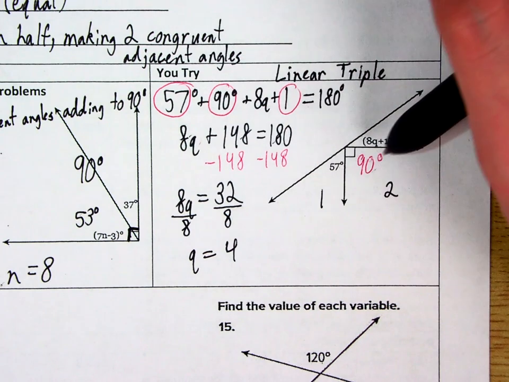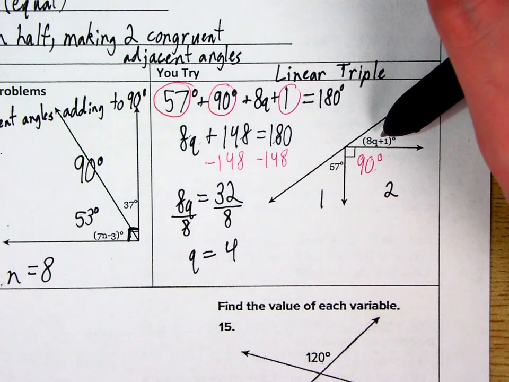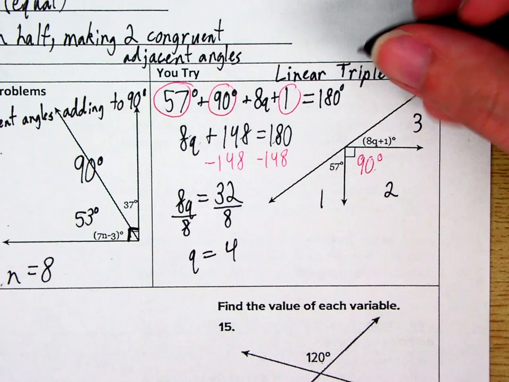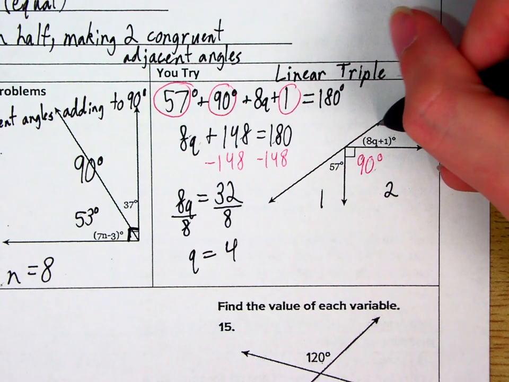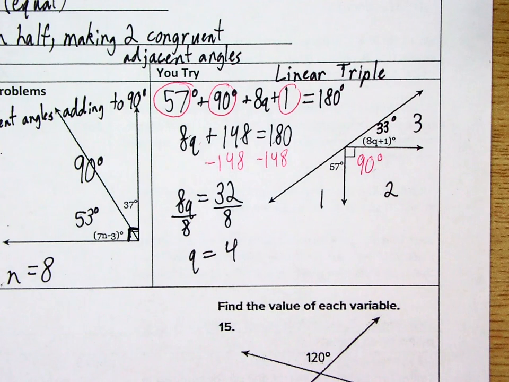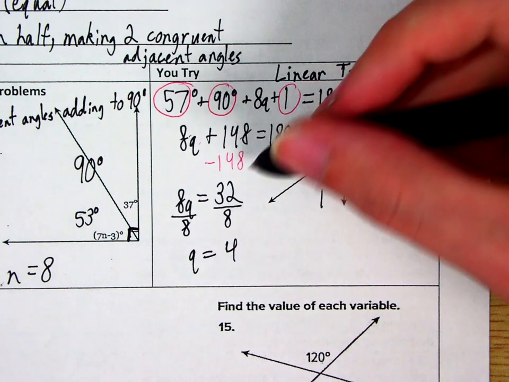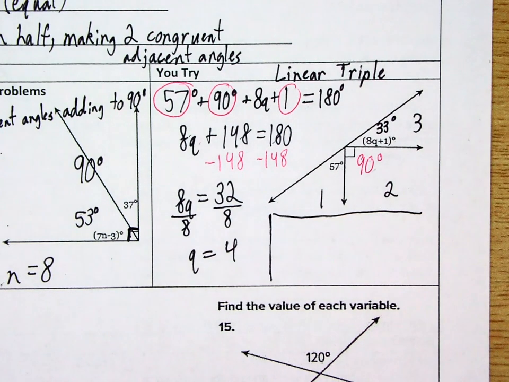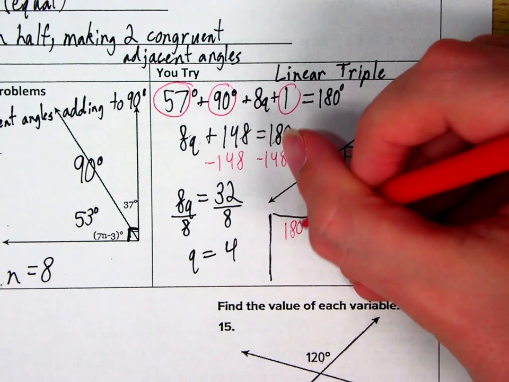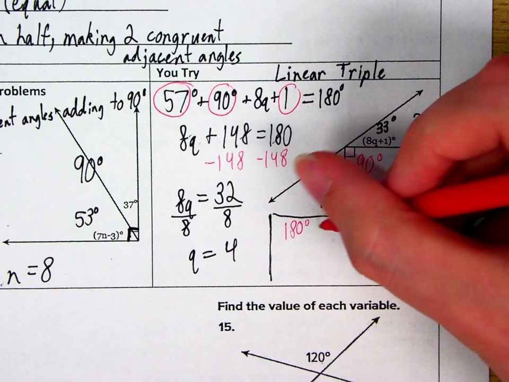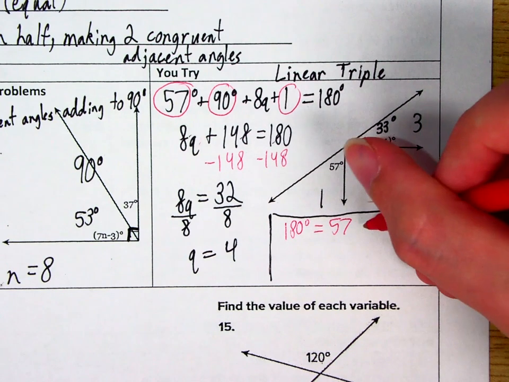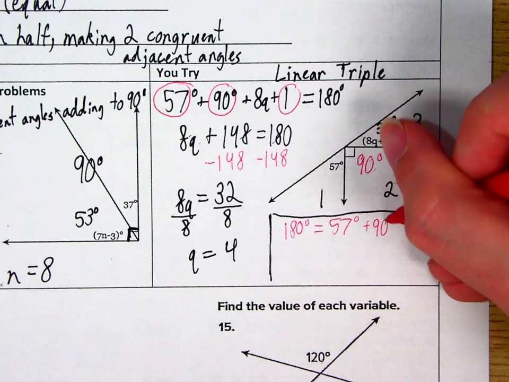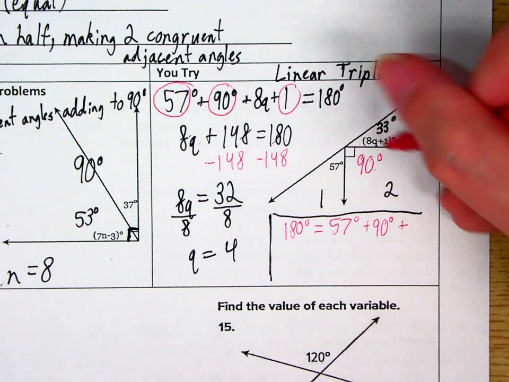Since we know q equals 4, we could plug it into here to find out the missing angle. We'll find it is 33 degrees up here. We could have approached it another way to find this 33 degrees. We could have found it by going 180. The entire line should be equal to 57 plus 90 plus our missing angle here.